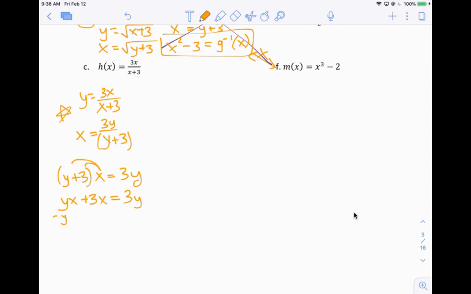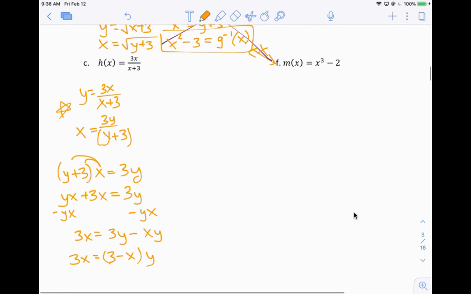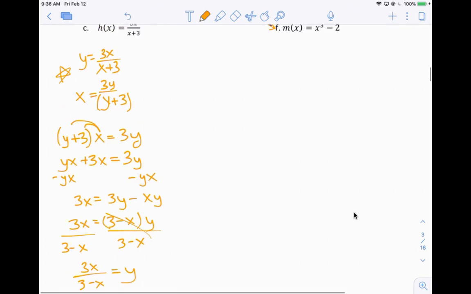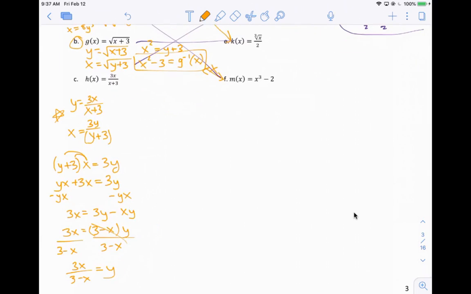I'm just going to move this y over to its buddy y over here. So 3x is equal to 3y minus xy, because that's the same thing, right? Then I will factor out a y and move the thing that is not y back. So now that it's all by itself, I can move that thing back. And it looks like it is the inverse f of x.